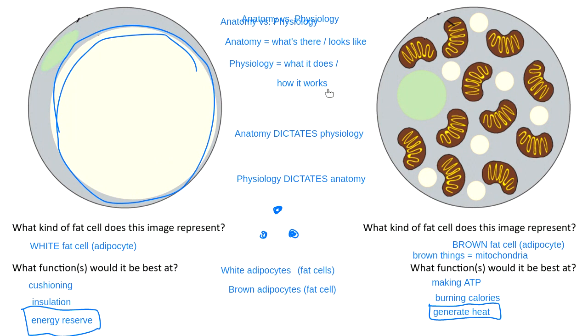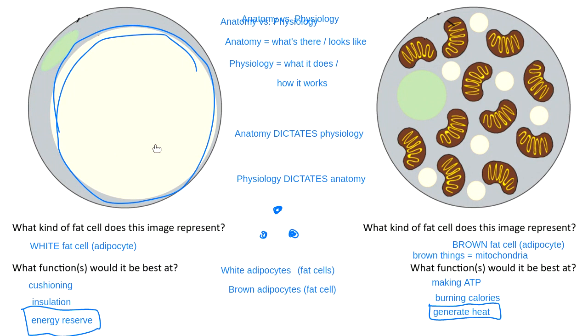Over here, my brown fat cell, we've got a whole lot of little lipid droplets that I can see right here. If I store the lipid in little droplets, it's easier for my mitochondria to break it down and turn it into ATP to burn those calories. It's a lot harder to burn all these calories that are stored in a big droplet over here.